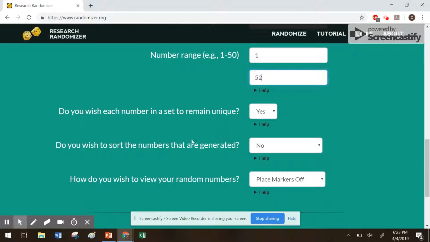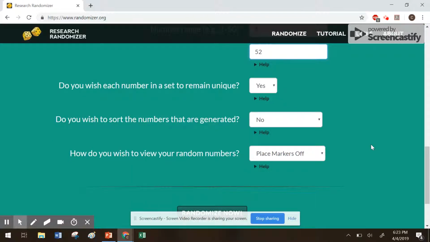And we do want each number to be unique because, like we said, this is sampling without replacement. Once the ace of spades is dealt, you couldn't get it again. All right, finally, I am going to ask it to sort my results because, after all, the order doesn't matter. And if I sort the results, they're going to be a little easier to sift through.